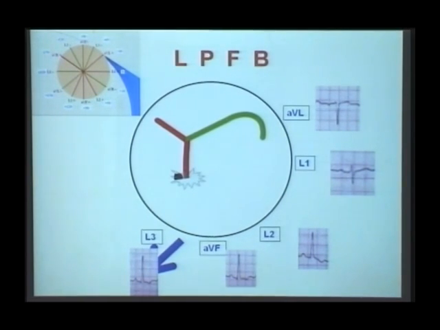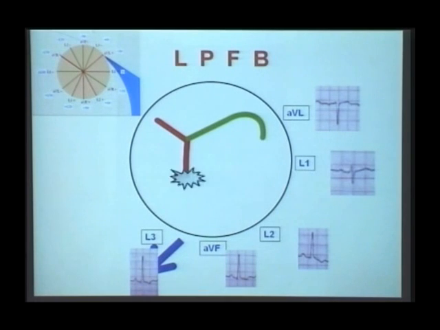In spite of no right ventricular hypertrophy, if you still have a right axis deviation with this classical initial vector going up and left and the terminal vector coming down and right, then only do you diagnose a left posterior fascicular block. So left posterior fascicular block is a clinico-electrocardiographic diagnosis, whereas left anterior fascicular block is an electrocardiographic diagnosis.